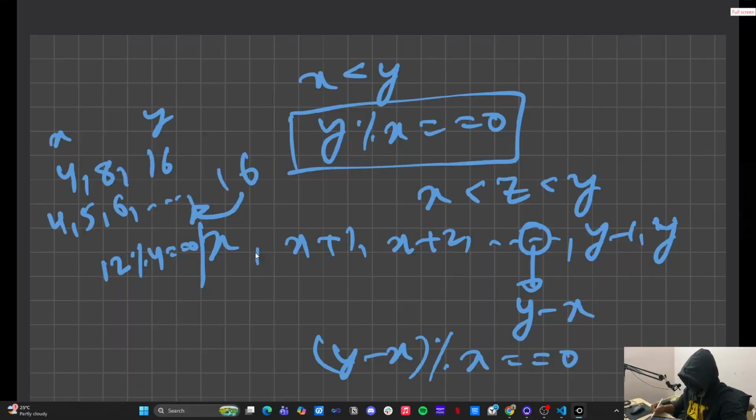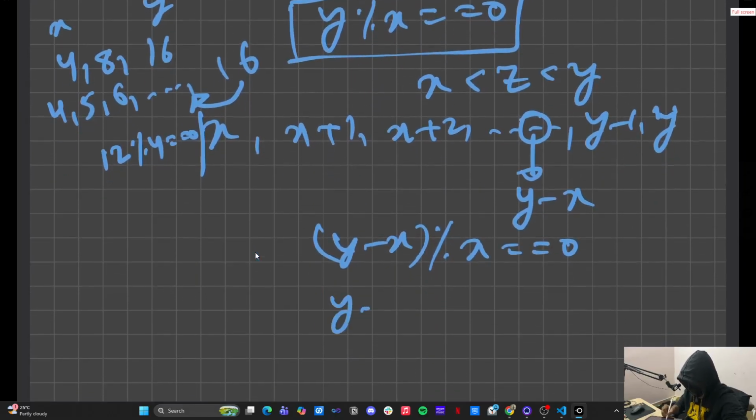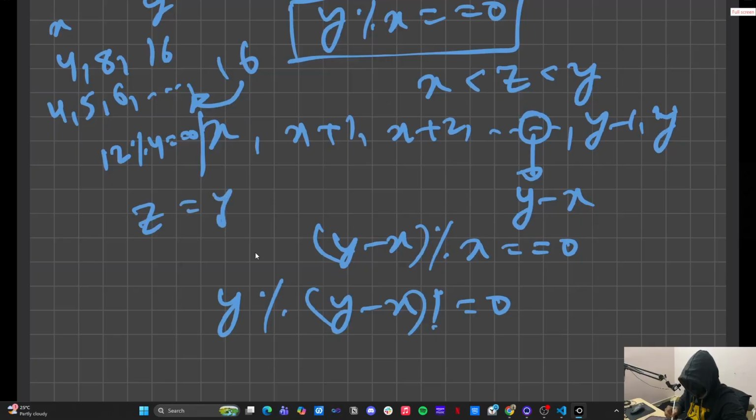So I'll move x distance back, and I'll check if this number is divisible by x, and this number should not divide y. So this y minus x is basically z here. Z is basically y minus x.